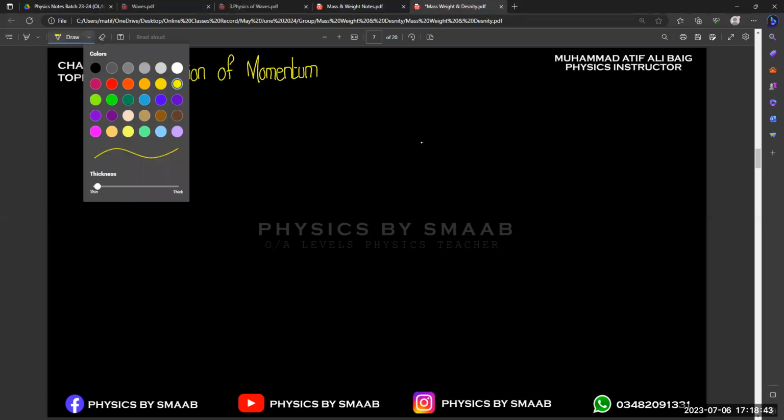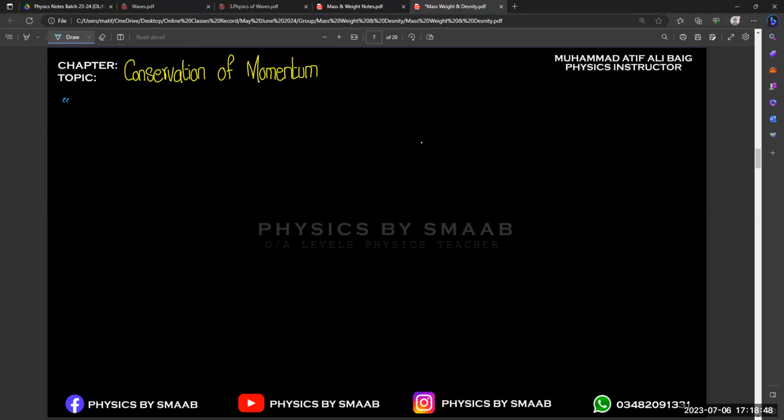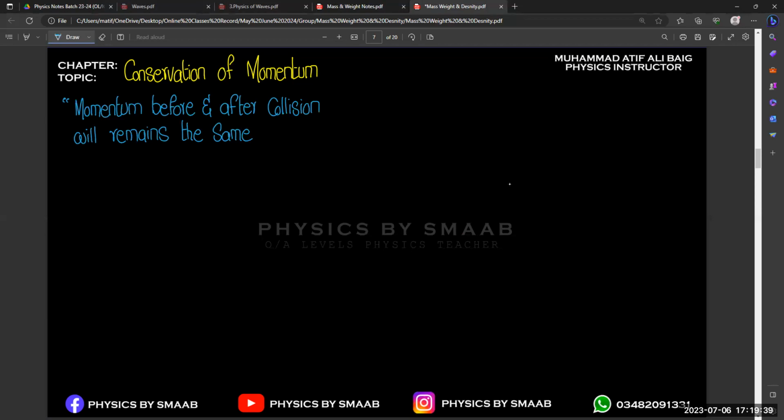Okay, so first of all, if we consider a basic definition, the basic definition is: momentum before and after collision will remain the same in an isolated system, right?